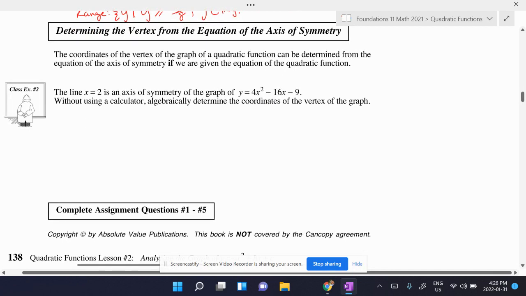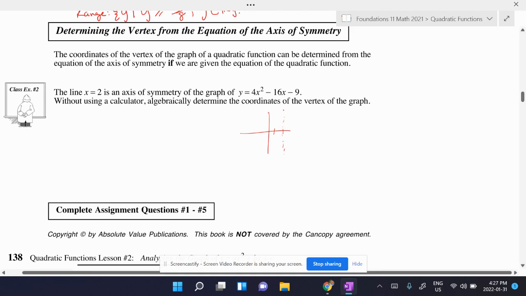The line x is equal to 2 is an axis of symmetry of the graph y equals 4x squared minus 16x minus 9. So on a graph, this would be an axis of symmetry, and we know the vertex is on there.